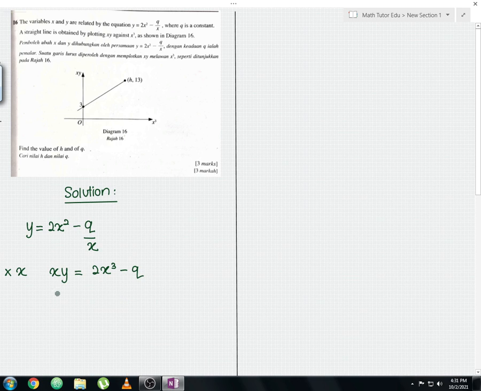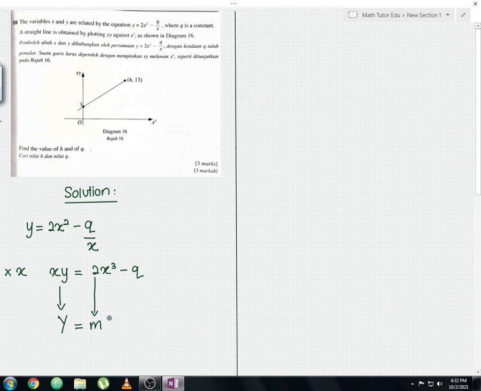Okay, so from here this equation we can relate in terms of the straight line equation, also known as y equals mx plus c, as referred to this diagram over here. So this xy we can treat as the y-axis. The gradient m we can map with the 2 over here.